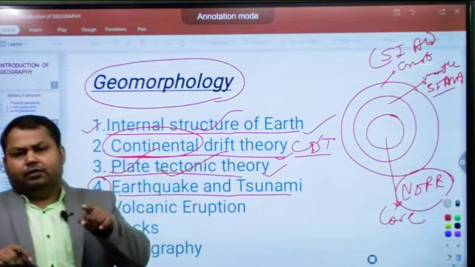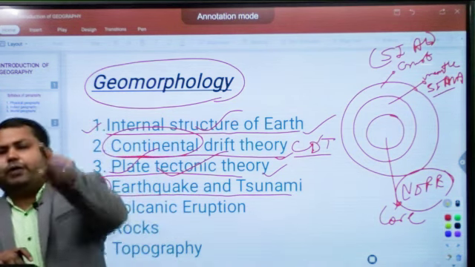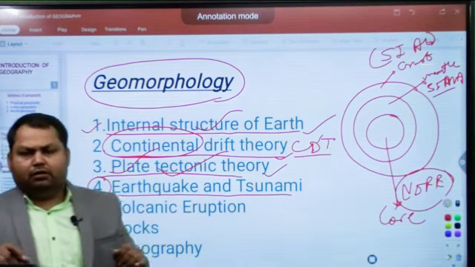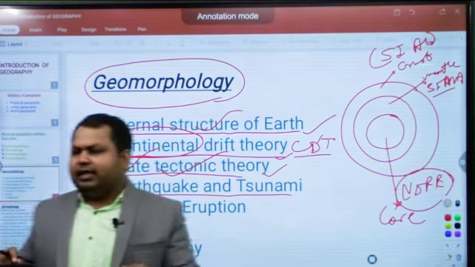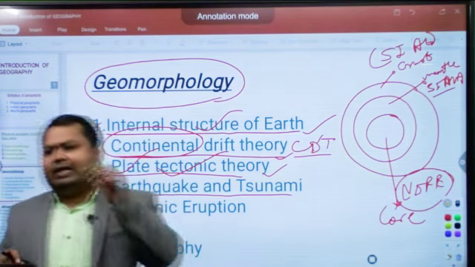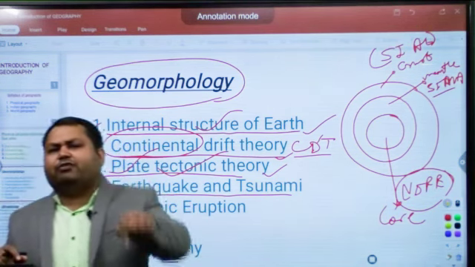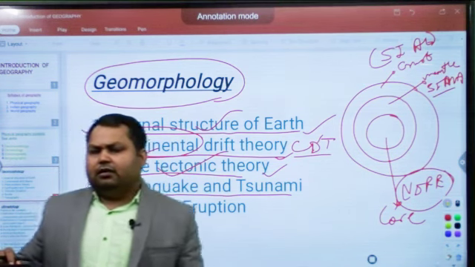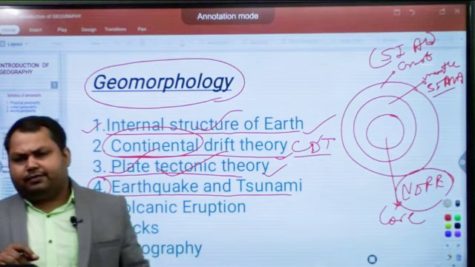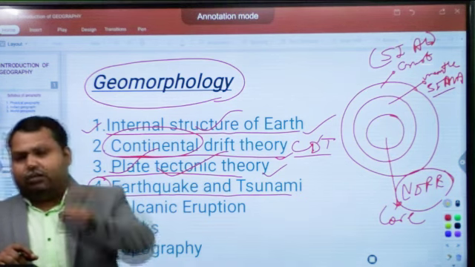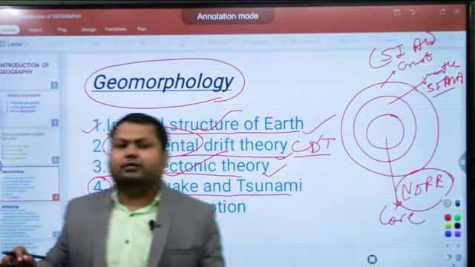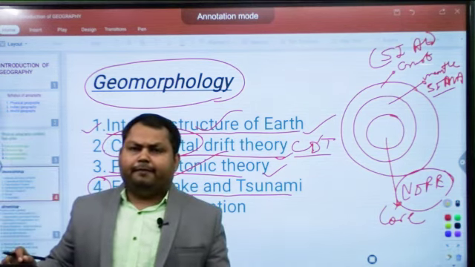Generally, the earthquake we experience on earth is associated with internal force. And that internal force is generating inside the earth in the form of convection of magma, and the convection of magma is created through what?